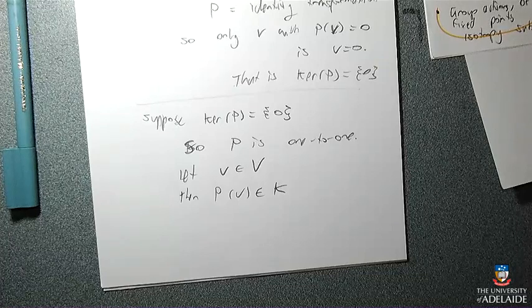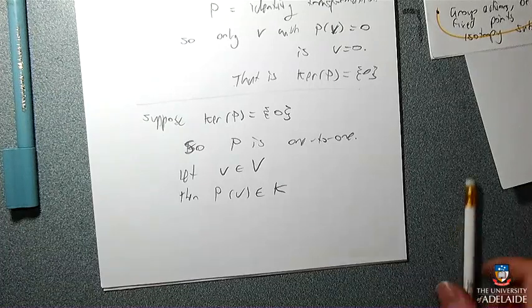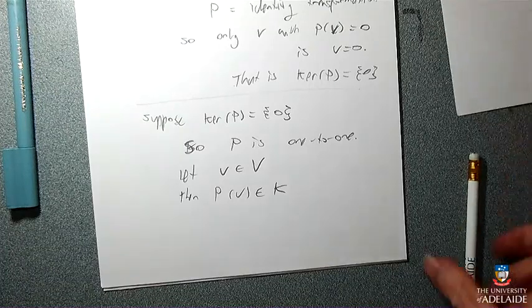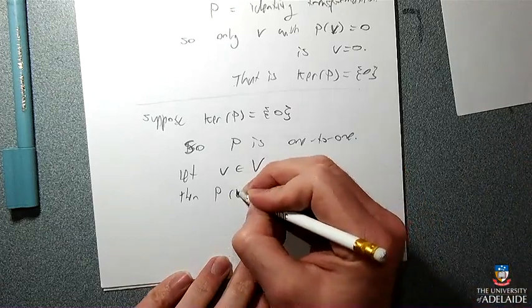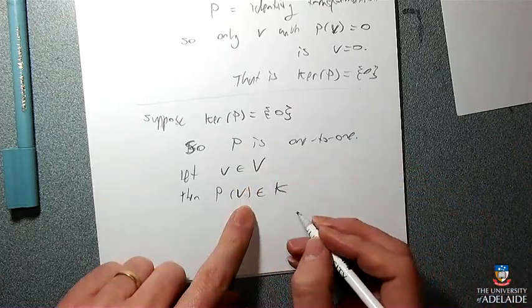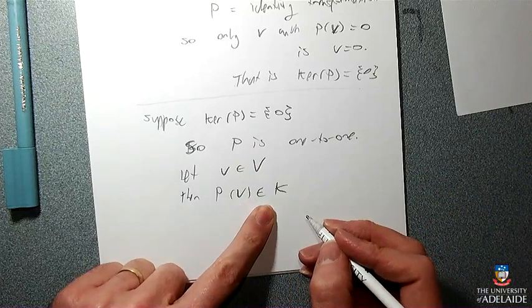I hate it temporarily and then I'll love it later. So P of V is in K. Okay.